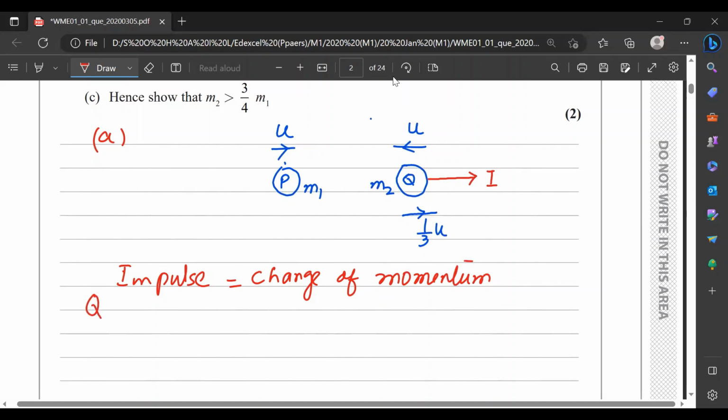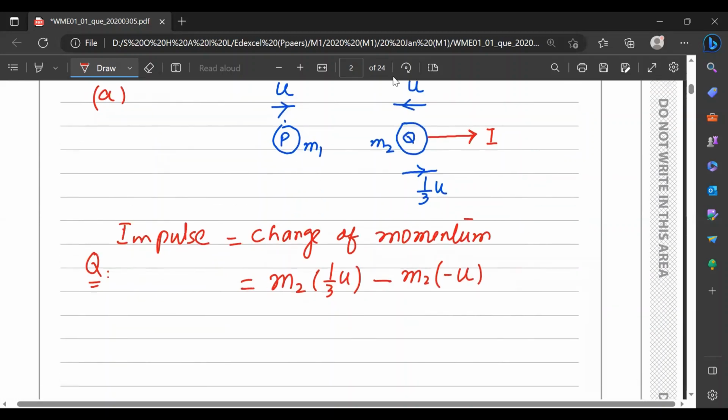I've drawn the impulse towards the right, and 1/3 u is towards the right. So after the collision, m2 times 1/3 u, minus before, which is m2 times minus u, because u is in the opposite direction to the direction of the impulse. So when you simplify, 1/3 m2 u plus m2 u.